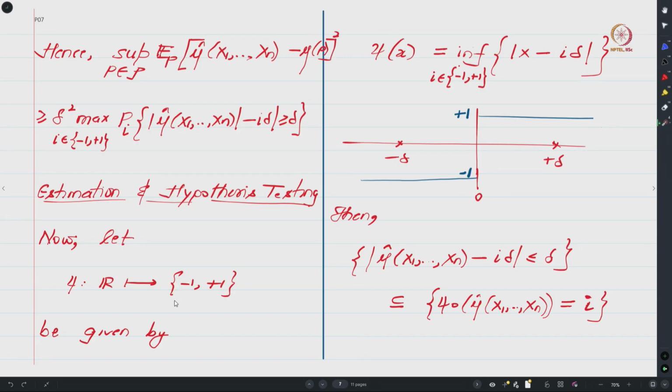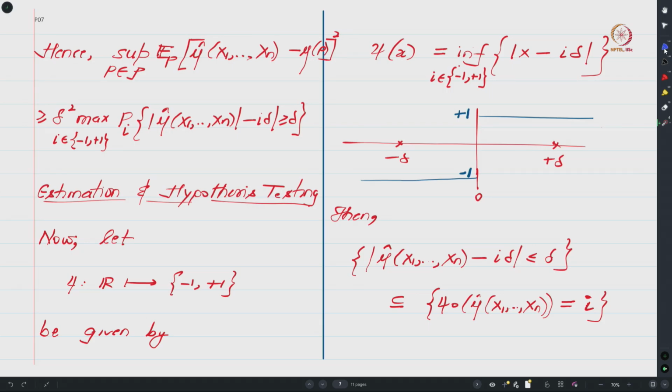Whenever it says minus 1, we conclude that the hypothesis test is suggesting minus delta, and whenever it is plus 1, the hypothesis test is suggesting that the samples perhaps have come from the distribution with mean plus delta. So keeping that in mind, let us define psi of x to be the argmin over i of absolute value of x minus i delta. What do I mean by that?